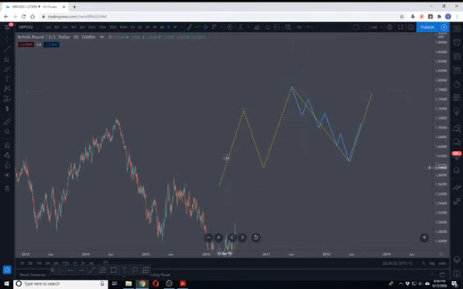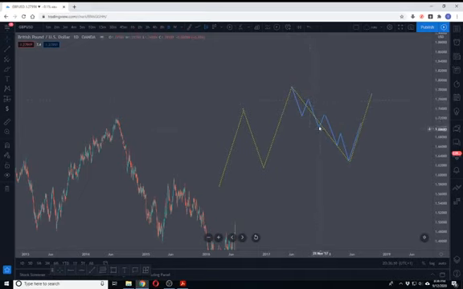As you can see on the daily time frame, price is bullish. That's your low, that's your high, higher low in context to that one, higher high in context to that one, and then price starts coming down.